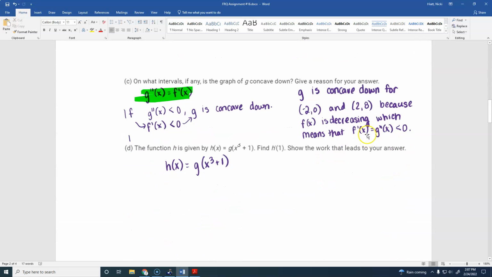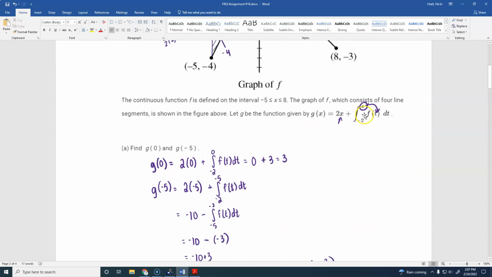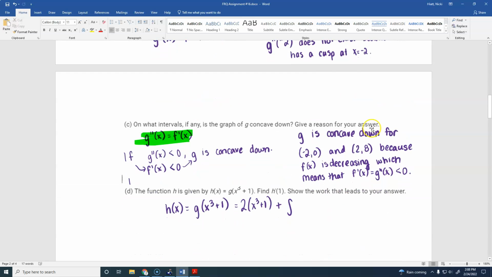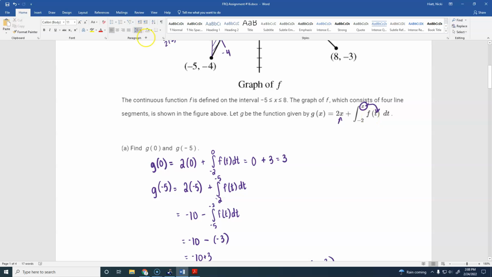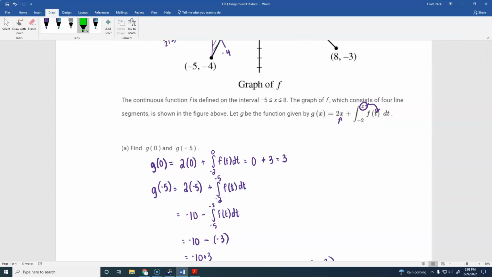So that's going to look like this: 2 times, instead of the x, we put x cubed plus 1, plus the integral from, because we're plugging it into this function right here.